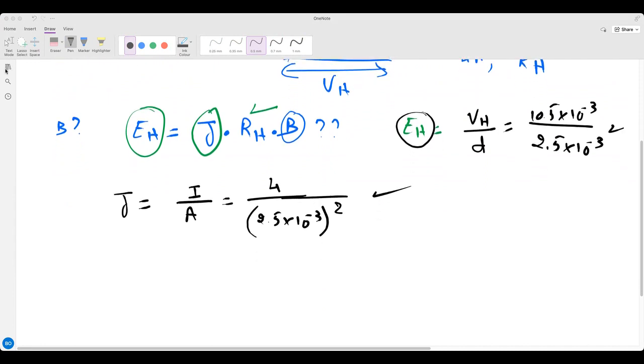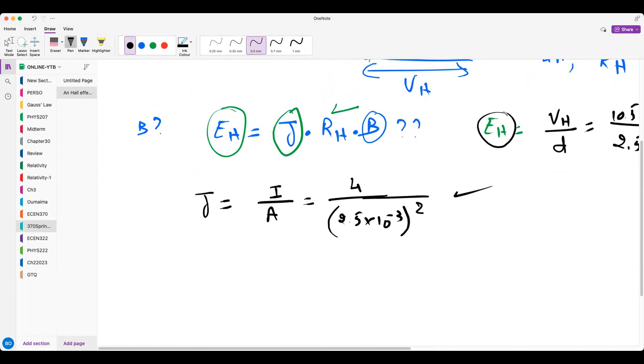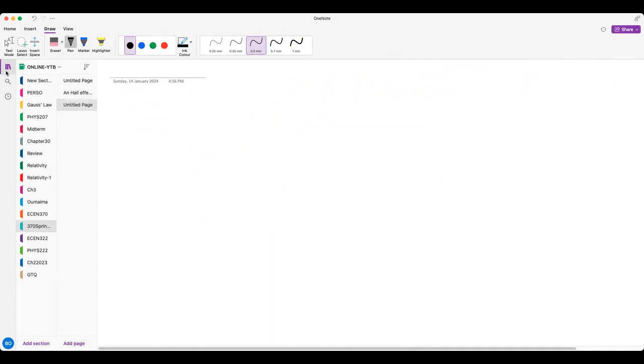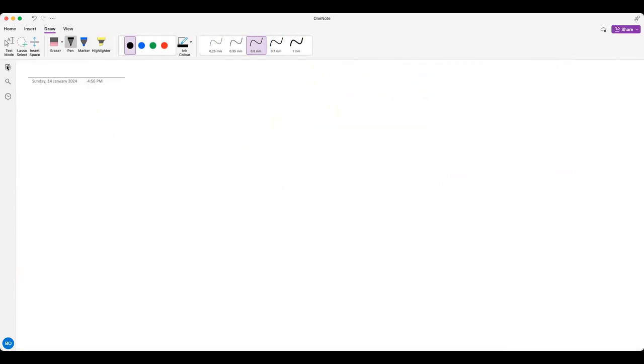So let's start another topic in the same chapter, and this topic is the propagation of electromagnetic waves in solids.